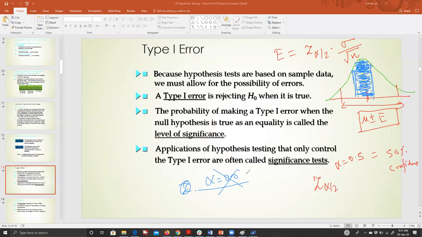So by controlling the range, and alpha is called level of significance, you can control this one, and basically you can do this testing correctly.